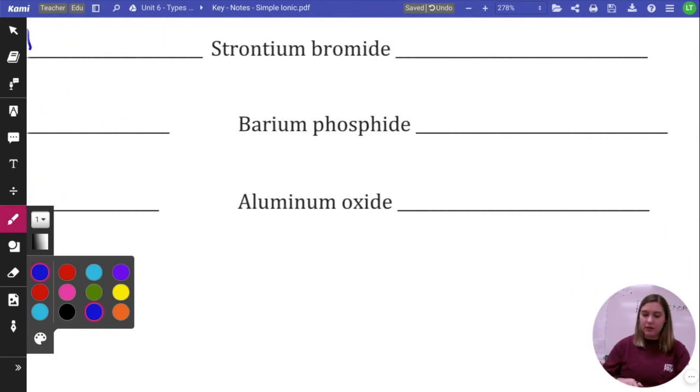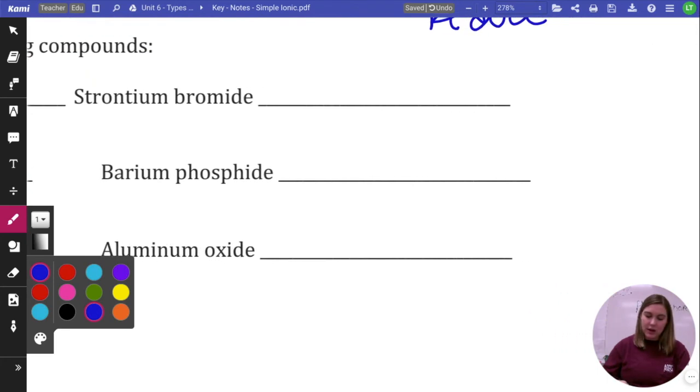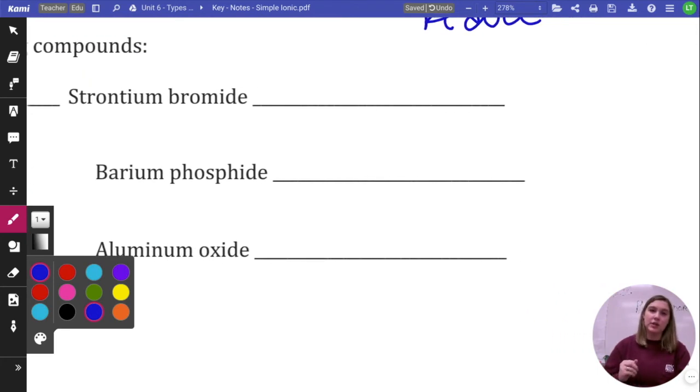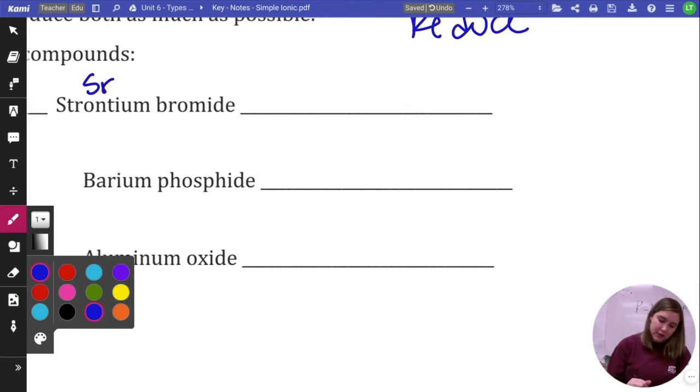All right, let's do a few more together. So this time we have strontium bromide. So strontium is Sr, and strontium has a positive 2 charge. Then we have bromide, which is bromine. Bromine is Br, and it has a negative 1 charge.